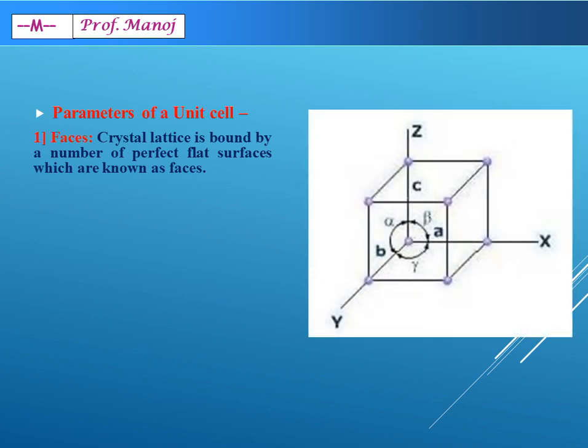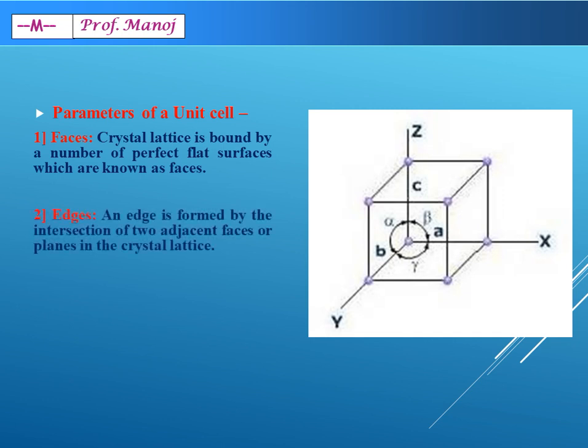You can imagine in this diagram that there are three axes shown, x, y and z. The unit cell has been kept organized on these axes. We can see faces present over here. The second concept of a unit cell is the edge. An edge is formed by the intersection of two adjacent faces, or geometrically speaking, planes.